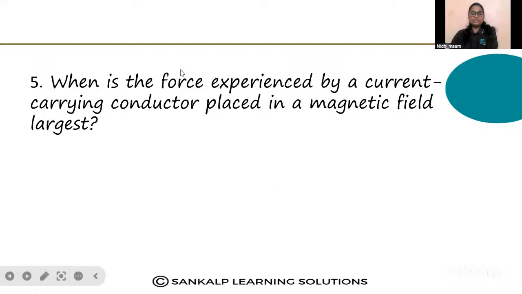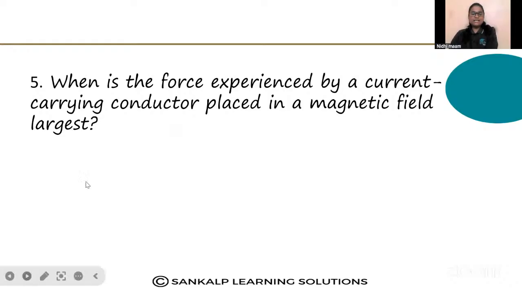Next question, when is the force experienced by a current carrying conductor placed in a magnetic field largest? So ಈಗ ಕರೆಂಟ್ ಕ್ಯಾರಿಯಿಂಗ್ ಕಂಡಕ್ಟರ್ ಅನ್ನ ತಗೊಂಡಿದ್ದೇವೆ, ಎಕ್ಸ್ಟರ್ನಲ್ ಮ್ಯಾಗ್ನೆಟ್ ಇಂದ ಅದರ ಸುತ್ತ ಮ್ಯಾಗ್ನೆಟಿಕ್ ಫೀಲ್ಡ್ ಪ್ರೊಡ್ಯೂಸ್ ಆಗಿದೆ. ಸೊ ಅದು ಯಾವಾಗ ಜಾಸ್ತಿ ಫೋರ್ಸ್ ಎಕ್ಸ್ಪೀರಿಯನ್ಸ್ ಮಾಡತ್ತೆ ಅನ್ನೋದನ್ನ ಕೇಳಿದ್ದಾರೆ.